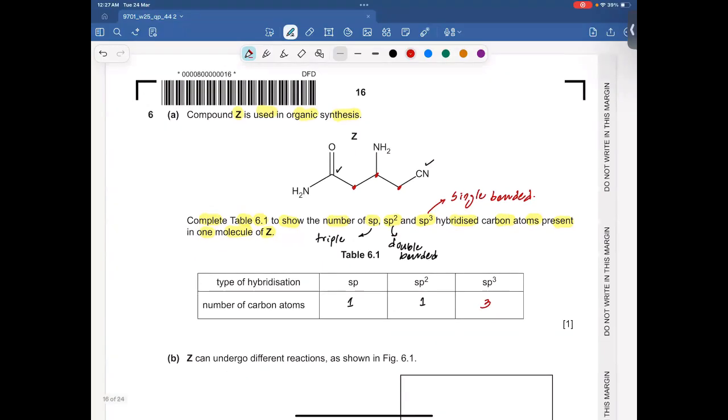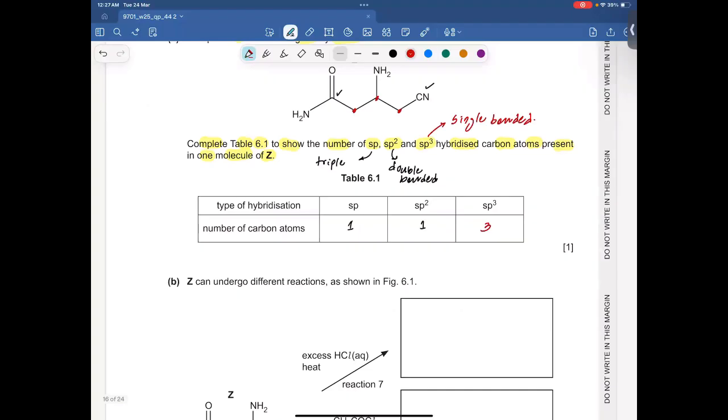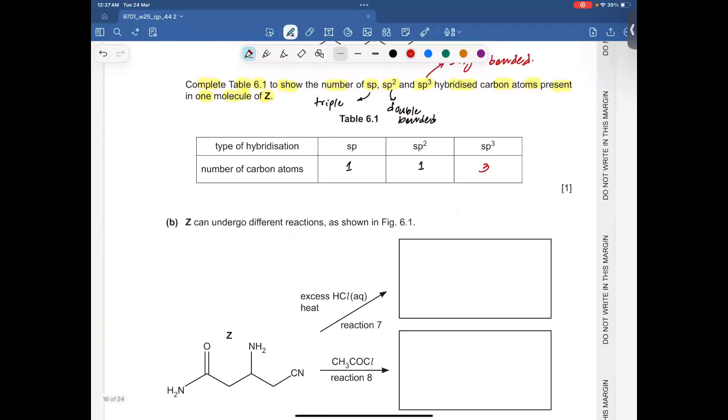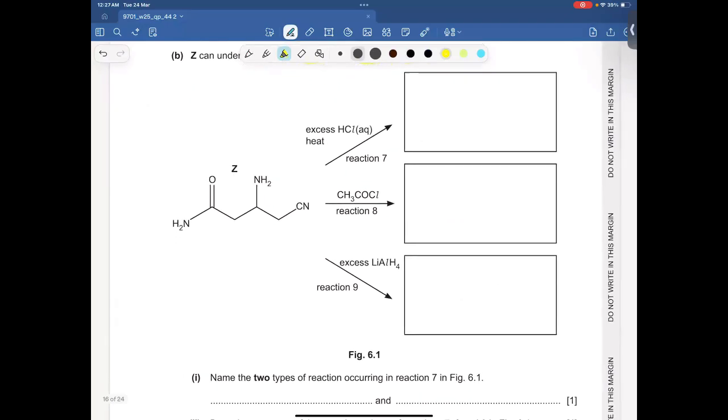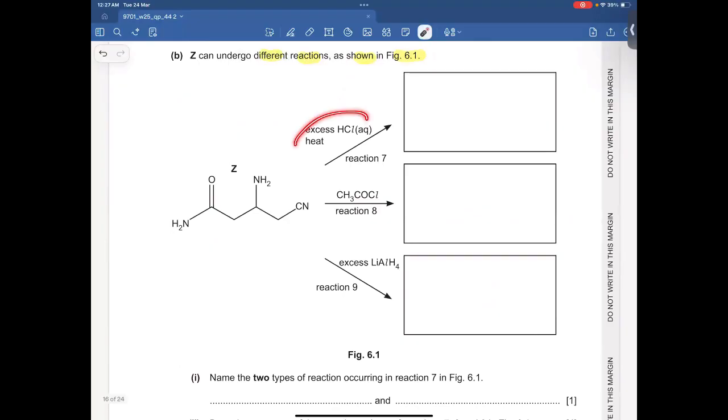Z undergoes different reactions as shown in figure 6.1. When excess HCl is used under heat, obviously this nitrile will turn to COOH. This NH2 is basically a proton acceptor, so it will turn to NH3 plus, and this amide will hydrolyze in the presence of an acidic medium, and will turn to carboxylic acid. My goodness, that's the trickiest one.